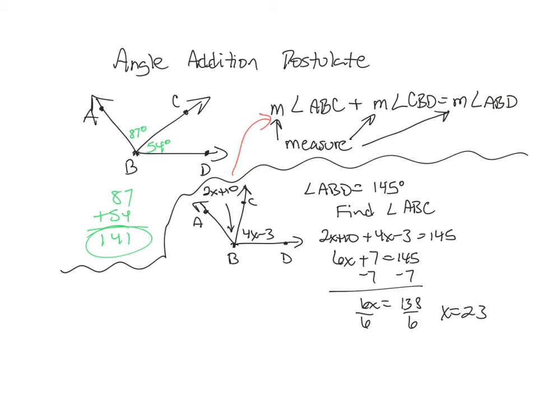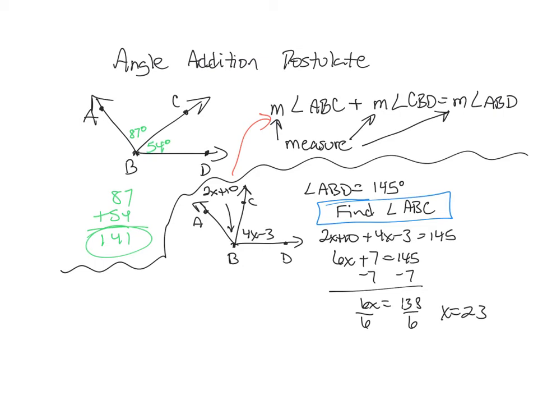So be careful, because a lot of people go, oh, I set up this equation, I solved it, I got 23, fantastic. Not fantastic, because the question said find ABC. It didn't say solve for x. So I need to keep going.